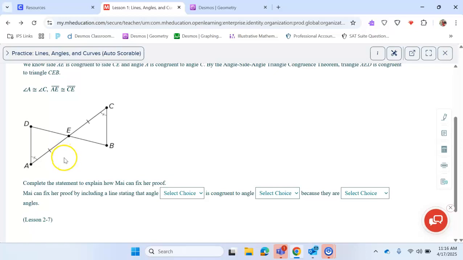May can fix her proof by including a line stating that angle AED is congruent to BEC, because they are vertical angles.